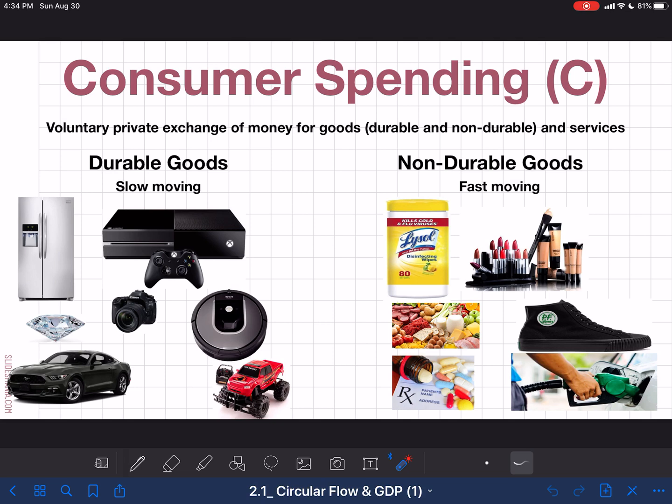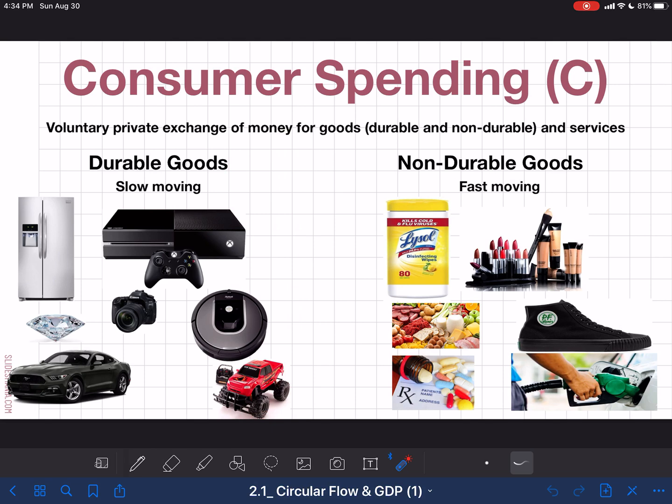So just a little bit more information on consumer spending and our components of C, I, G, X here. Consumer spending is all about the money that consumers spend in the economy. And there's two types of goods that consumers spend their money on. The first set of goods is durable goods, and these are going to be our slow-moving items.